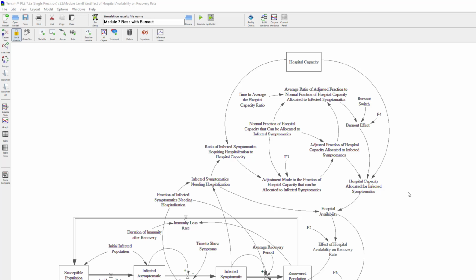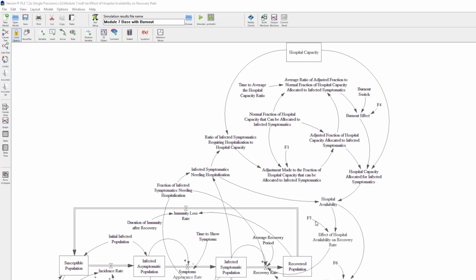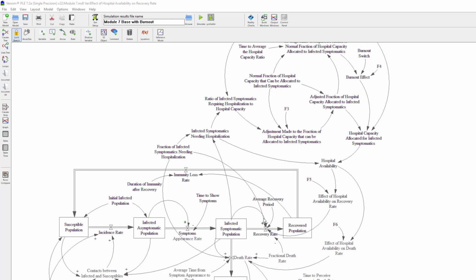This is the model that we built in Module 7. We worked mostly on this part, building hospital capacity and calculating hospital availability, which affects the recovery rate as well as the death rate. So now, before we move on, we're going to do two things.